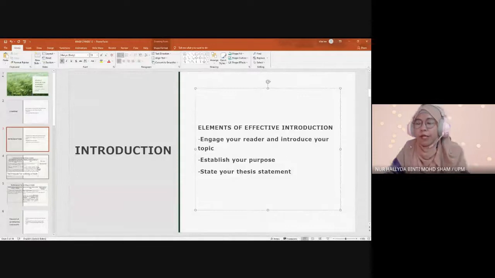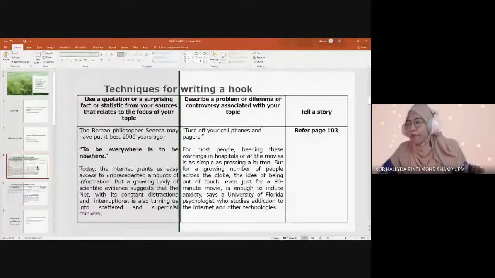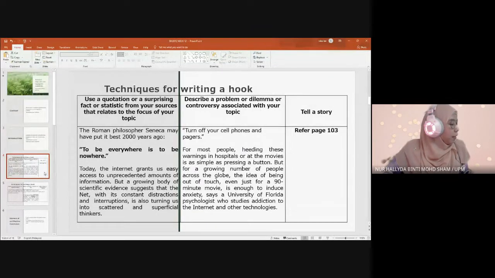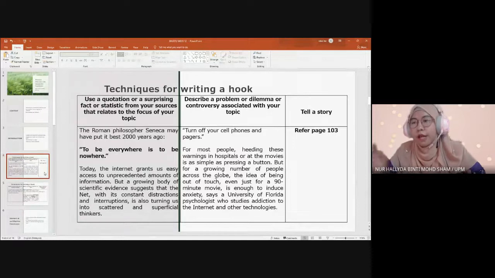Okay, so when it comes to introduction, there are several techniques. You can refer to page 102. Throughout these slides, I'm going to put page numbers so you can listen to my explanation and at the same time refer to your textbook. Please do so, because most of the examples are in the book.